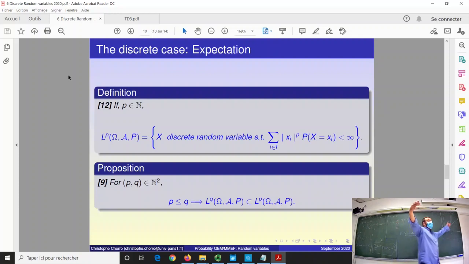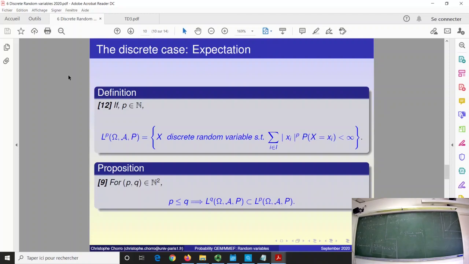So L0 is all of them. Okay? If p is not 0, for example p equal to 1, I will have a condition. Okay? And we are going to see what happens.